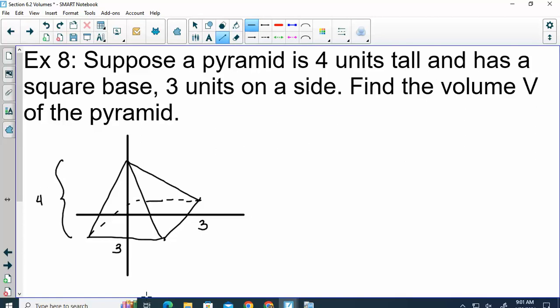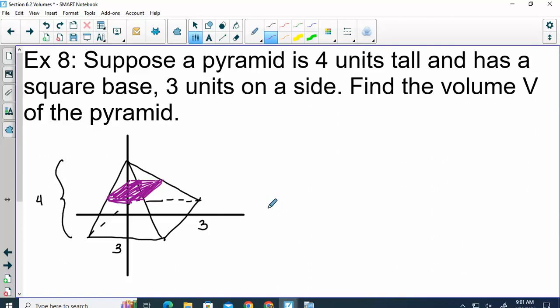We use x when we go around a horizontal. Here we're starting at the bottom and going up, so that's a vertical. So we have to do everything in terms of y. If we think about a cross section here, so the cross section, what shape would our cross section turn out to be? Square.